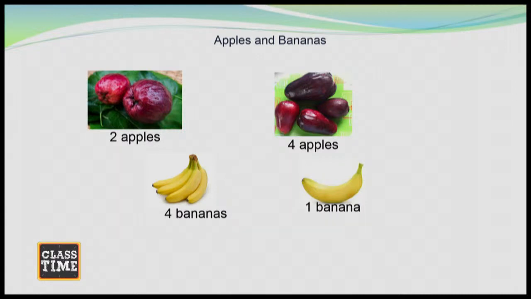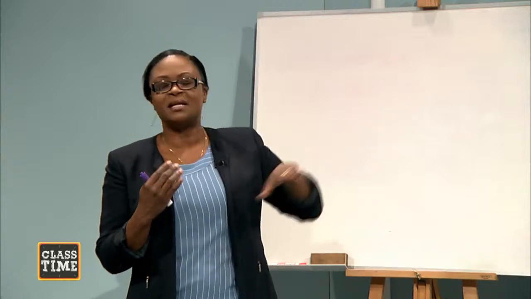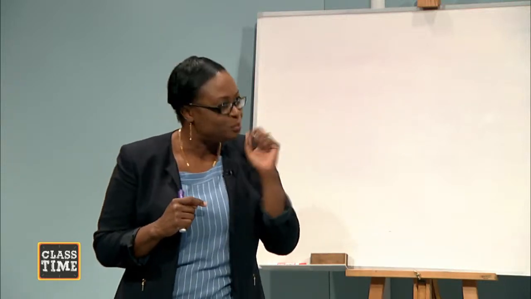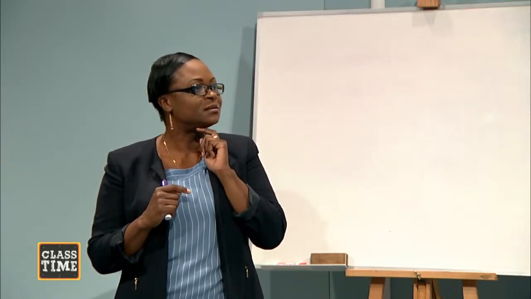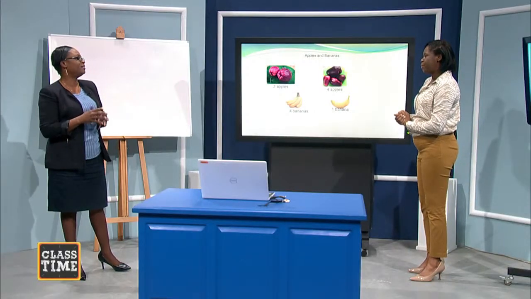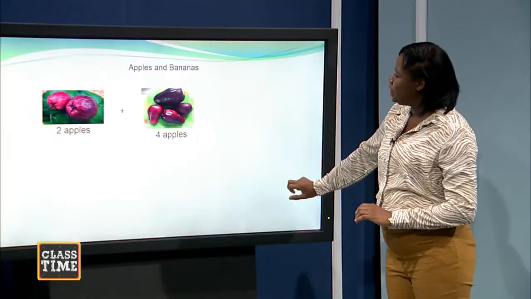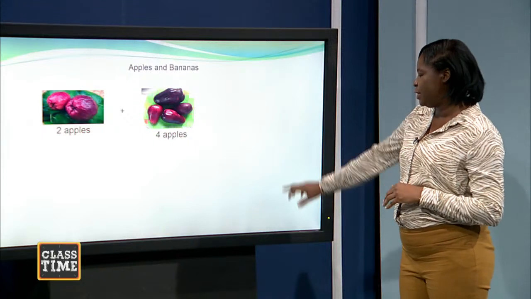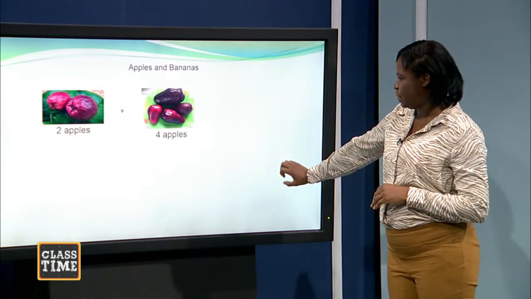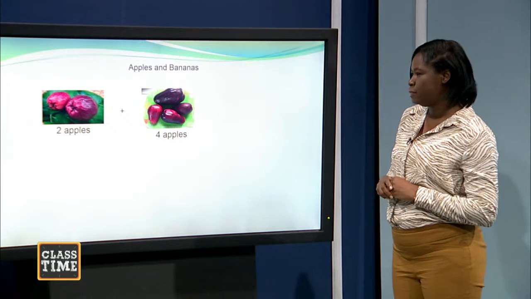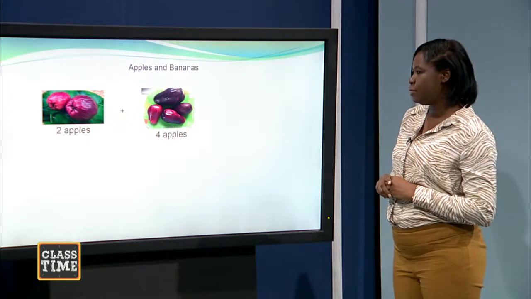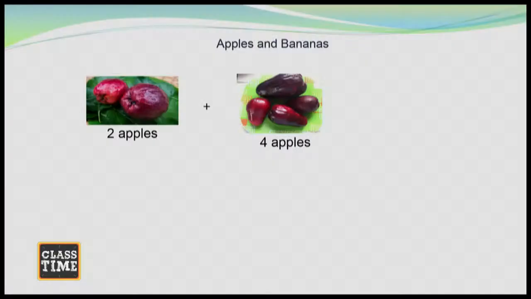Now, if I wanted to answer the question, how many fruits are there, using the apples and the bananas, what do you think that would be? I would have to add them. So I'd add my 2 apples and 4. Hold a minute. If I wanted the fruits, when you add them, what would be the unit, though?